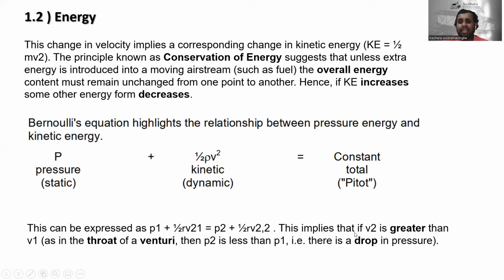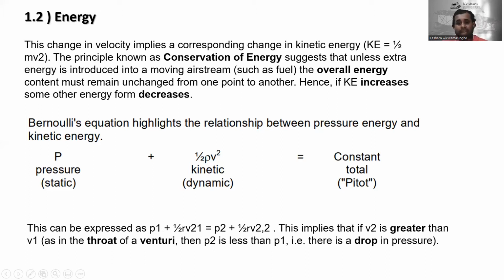This implies that if V2 is greater than V1, as in the throat of the venturi, then P2 is less than P1. It means if V2 is greater than V1, then P2 is less than P1.